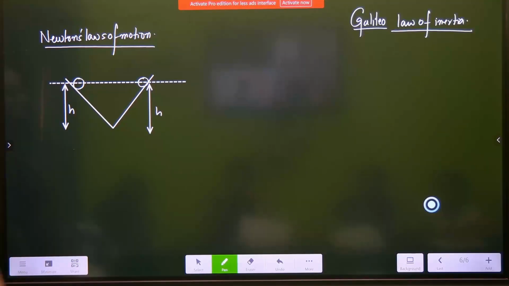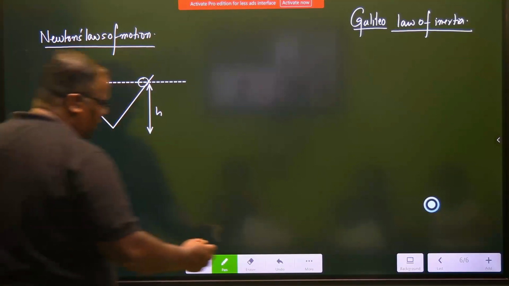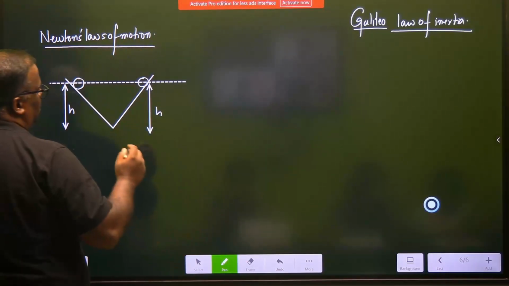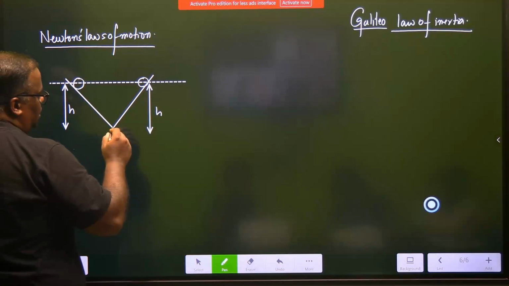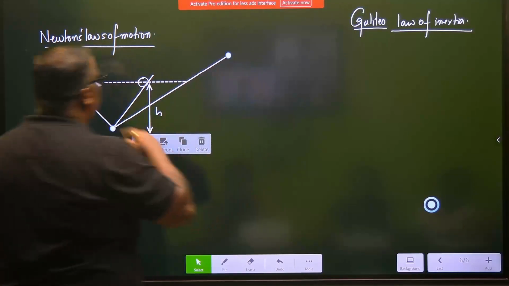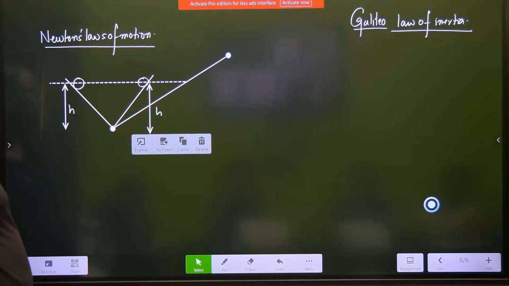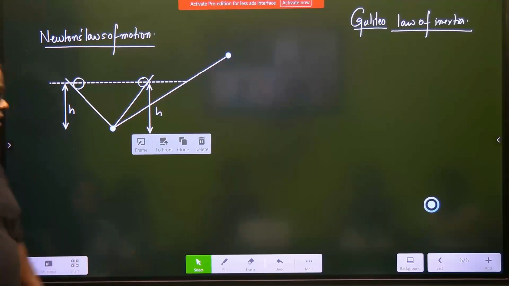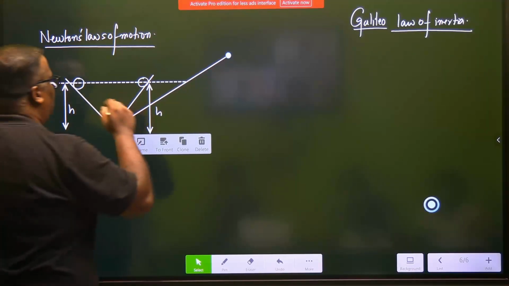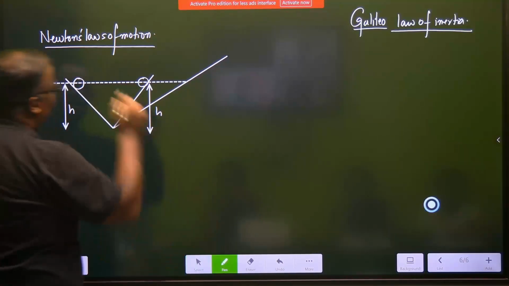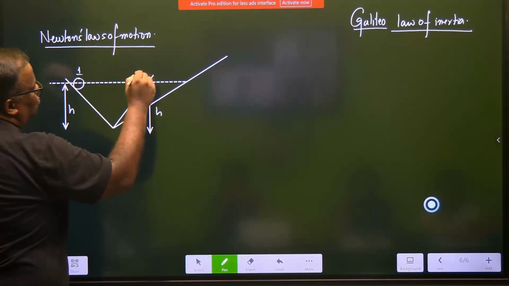Understood? Now what Galileo did in the experiment, in the second attempt, he reduced the angle. But in his observation, he found that this was attempt 1, this is 1 dash.